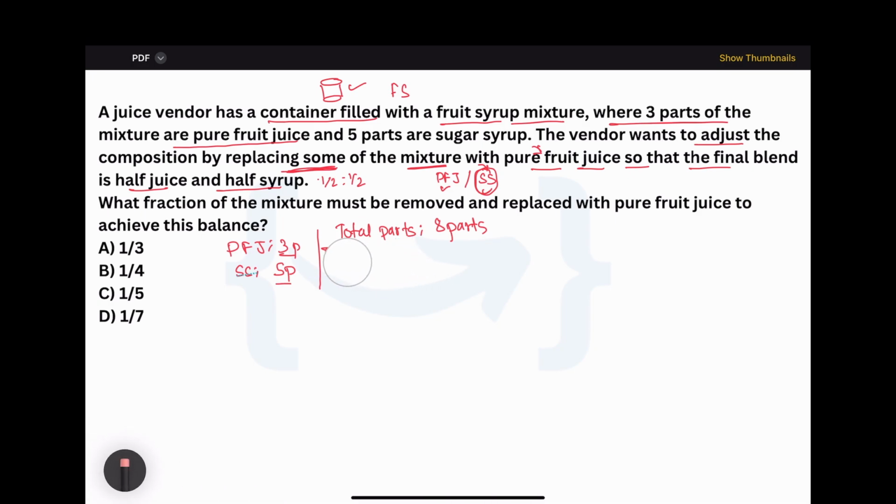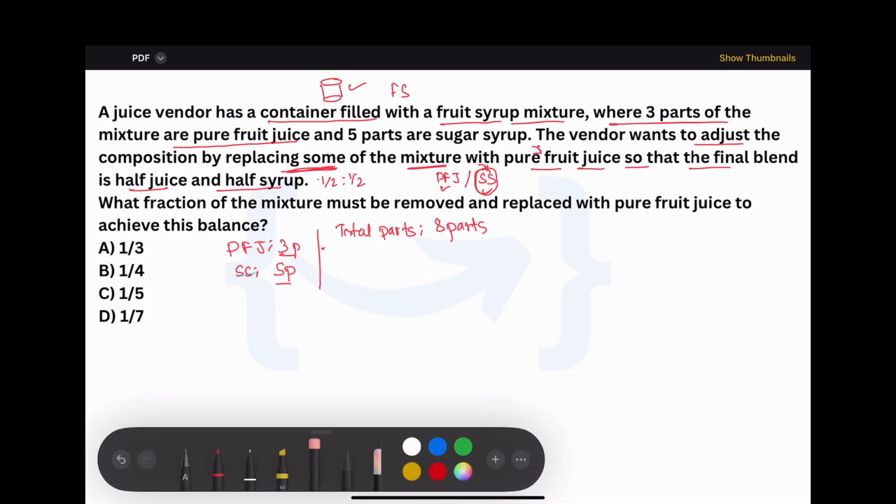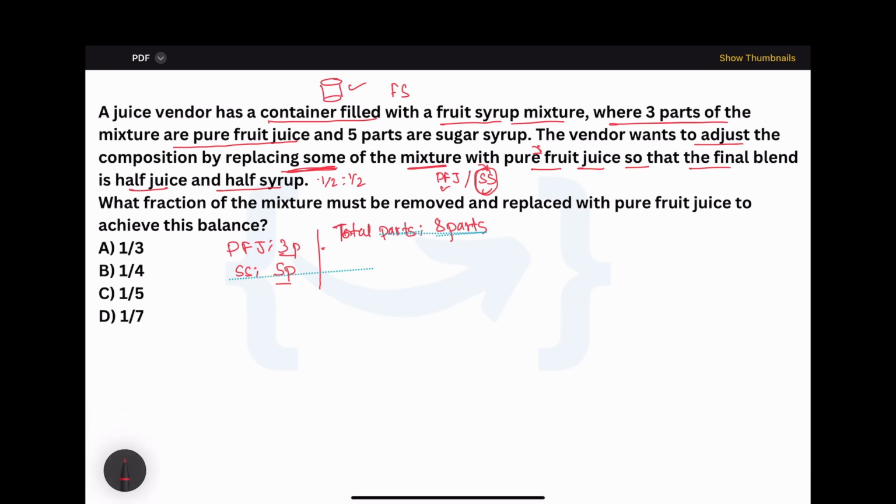We have a total of 8 parts, and I assume X part is going to be removed, or X is the part which will be added to make my syrup balance. So X will be removed out of 8, isn't it? If I am able to find the value of X, this question would be very easy for me.